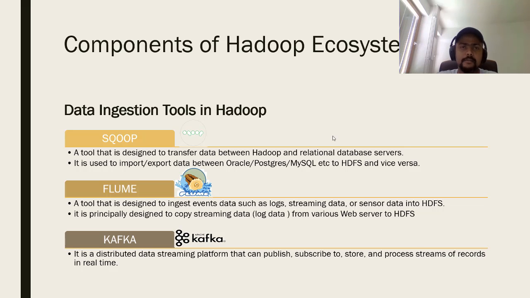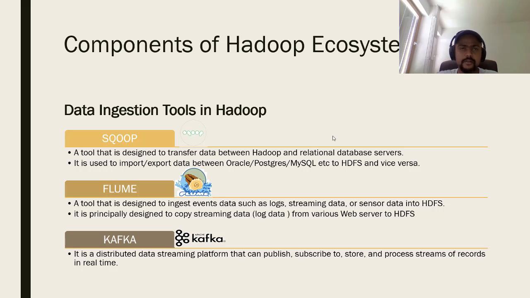It needs somebody in the middle to actually transfer the data, and that's what Kafka can be used as. It can also be used as a stream ingestion platform. You can use it as a pub-sub model as well, and it can also process records in real time. So that's about the data ingestion tools.